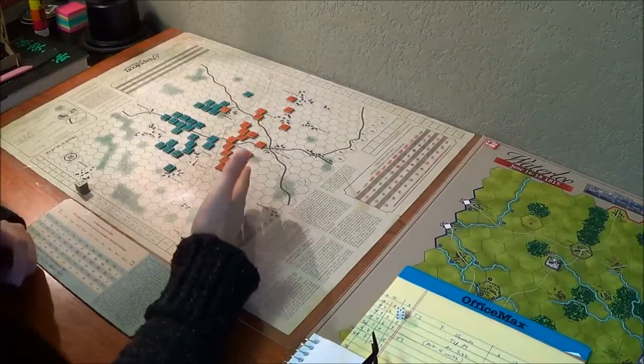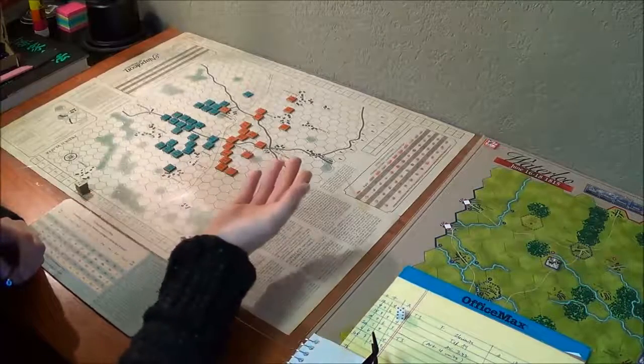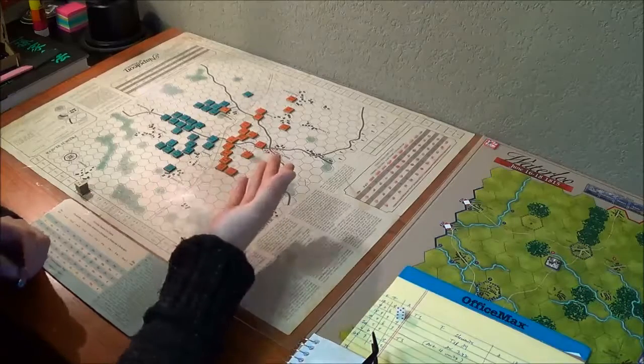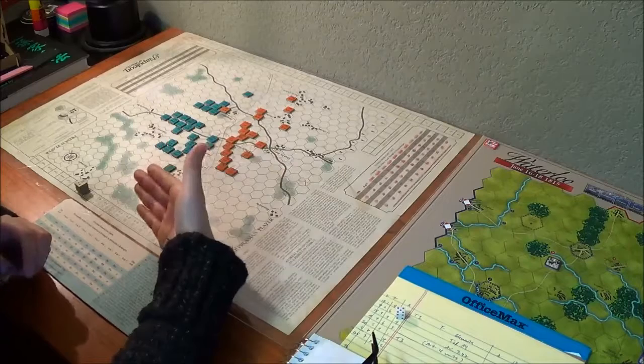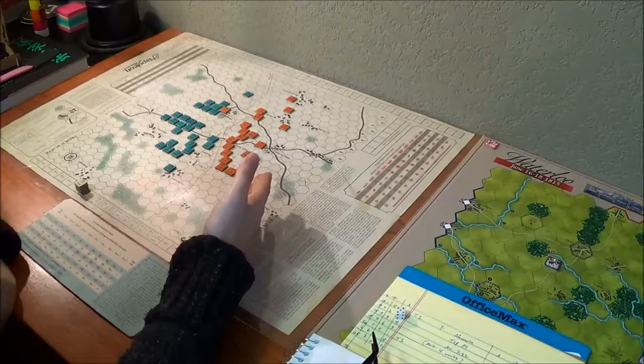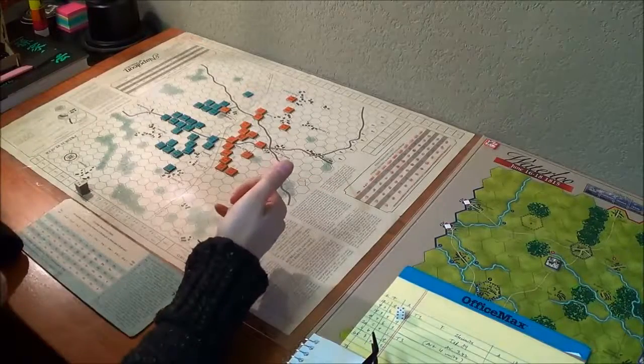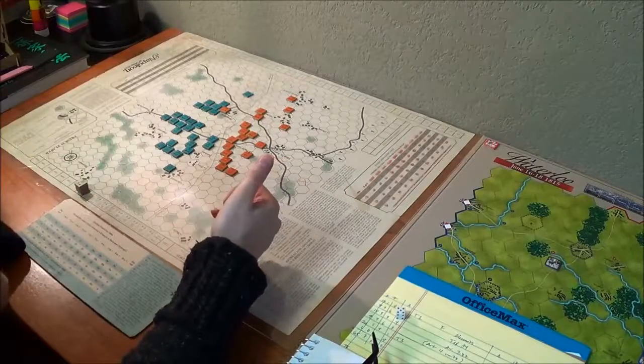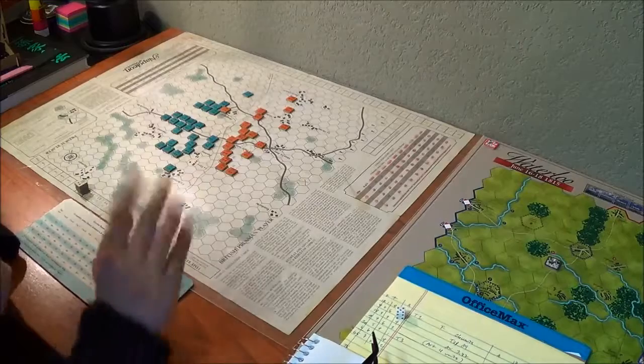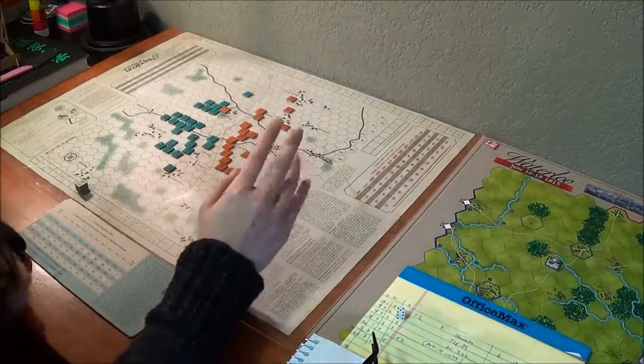Artillery units have ranged attack. They can fire up to 2 hexes away, but not through towns or woods. There is no extended movement on roads. Roads are pretty much just there for historical color, which was the term that they used.